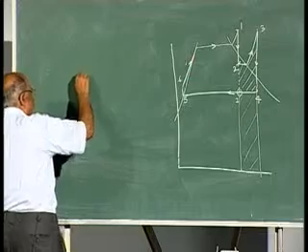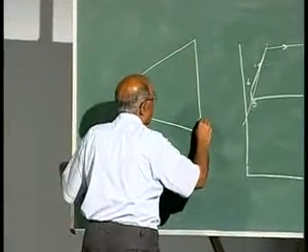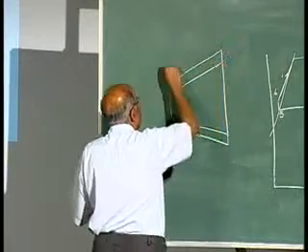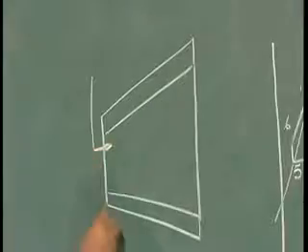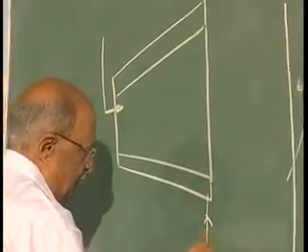Say this is the turbine and turbine casing here. Steam enters here, it flows through this, water from the feed pump is coming.